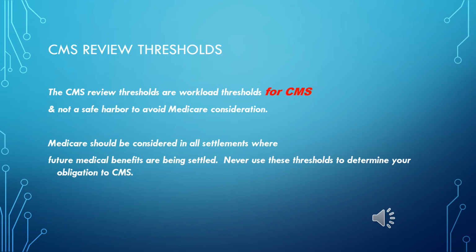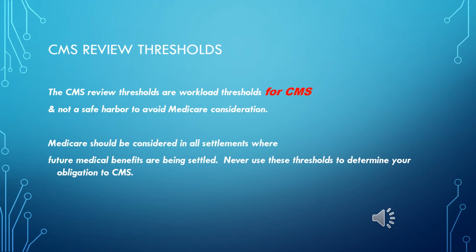Please note that CMS review thresholds are a workload threshold for CMS, for Medicare, and not a safe harbor to avoid Medicare consideration. These thresholds were established by Medicare because they were receiving way too many cases that it was not humanly possible to attend to.